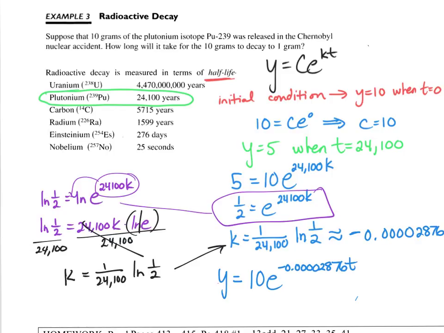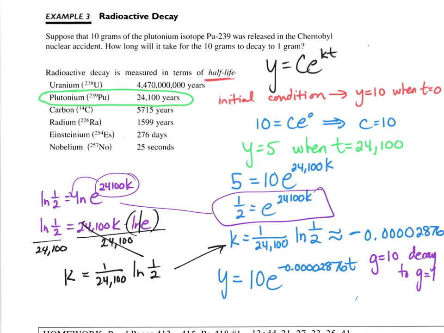Okay, so we have y is equal to 10e to the negative blah, blah, blah, blah, t. And in general, we have our grams started out with 10, and we're looking at a decay to 1 gram.